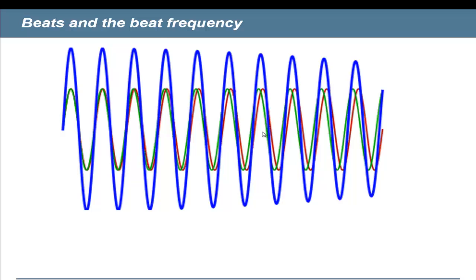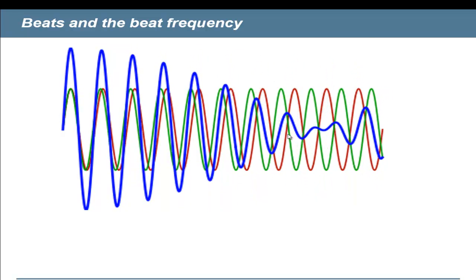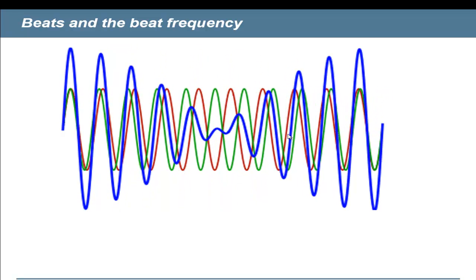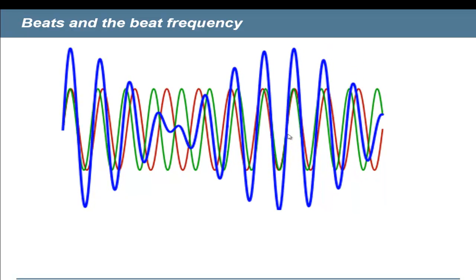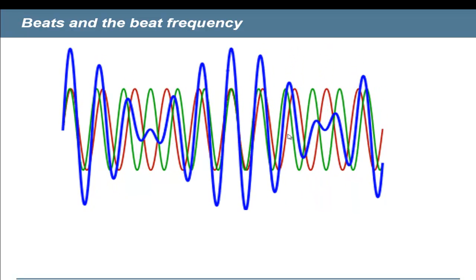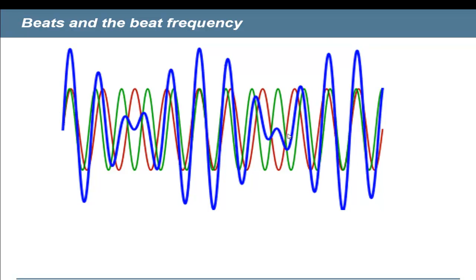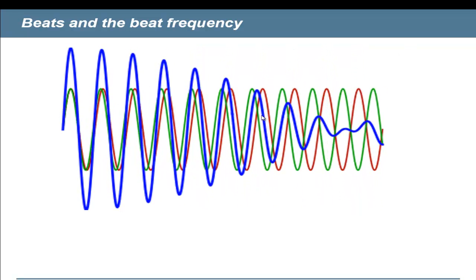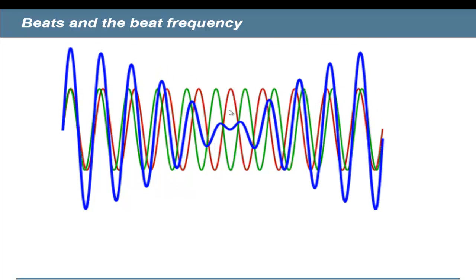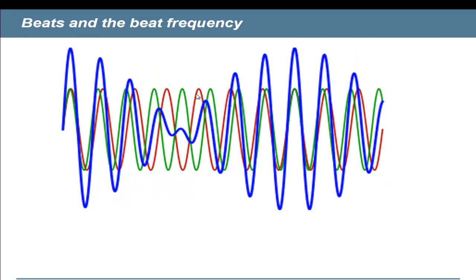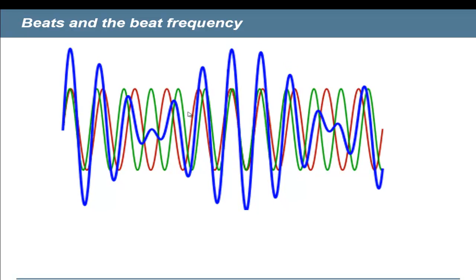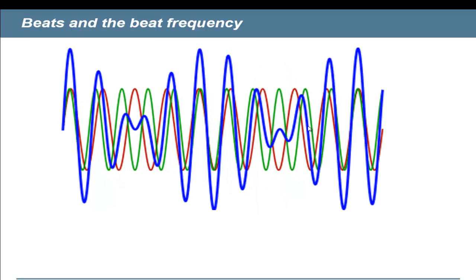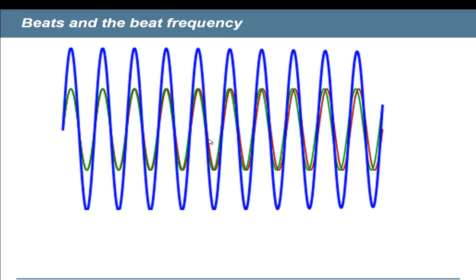So our amplitude is changing over time, in which we have a large amplitude and then no amplitude, and then it keeps changing over and over. So this distance between these two lulls is our beat. So this distance right here is our beat.